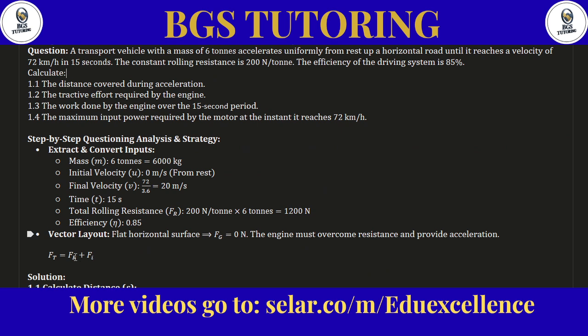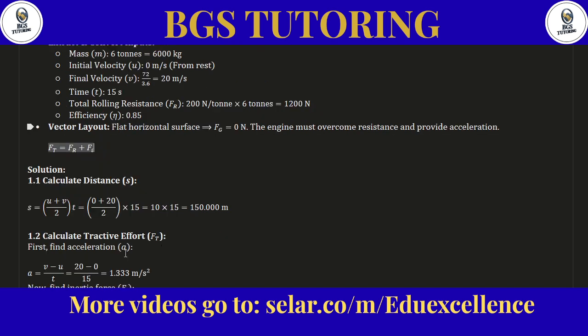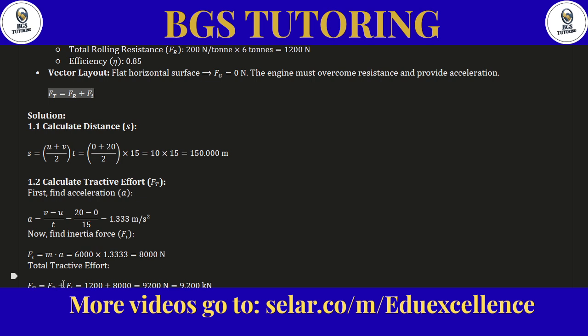We have the rolling resistance Fr, but we do not have Fi. The reason we're calculating acceleration here is because Fi is equal to ma. Therefore, your Ft is Fr plus Fi, and that's 9.2 kilonewtons.